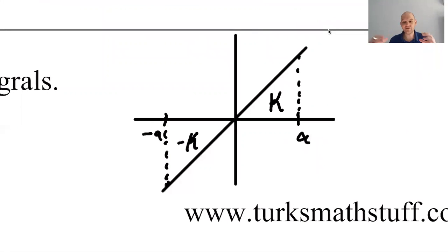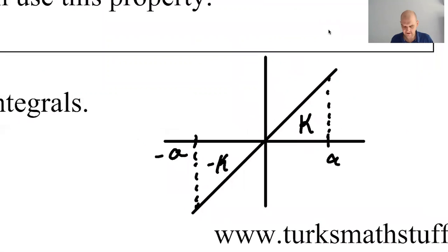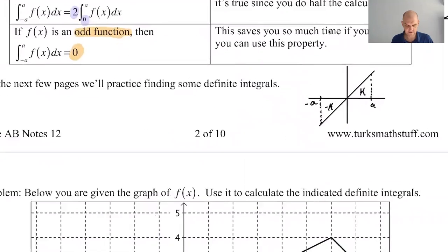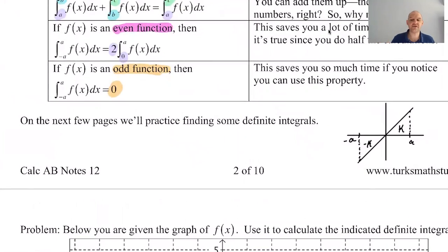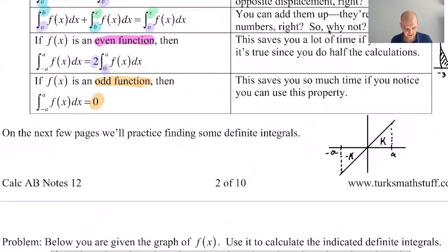And since you can add them up, when you go from negative a to a, you're just going to do negative k plus k, you're going to get 0. That's going to happen every time your function is odd. I highly encourage you to look for that, because when that happens, you save yourself a ton of time.